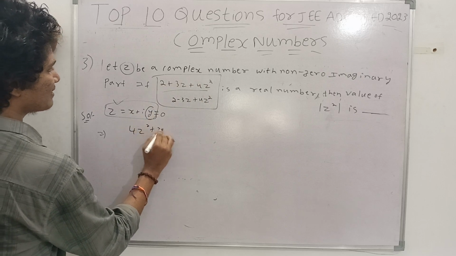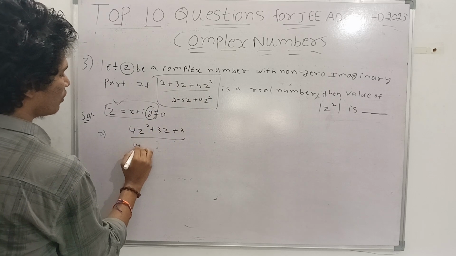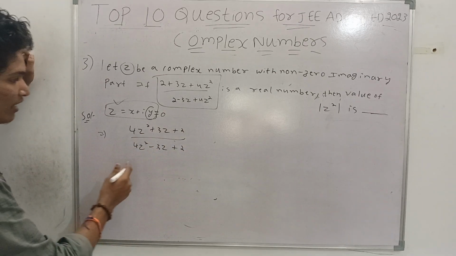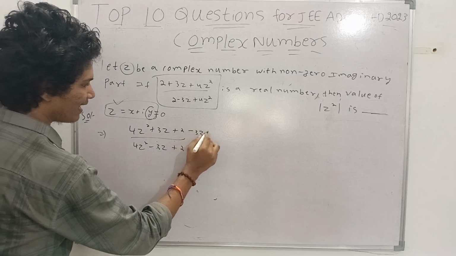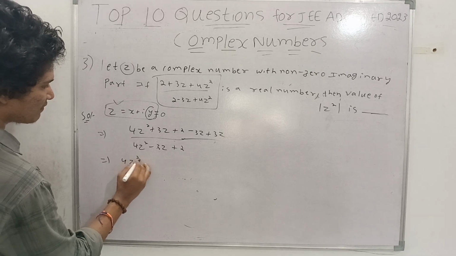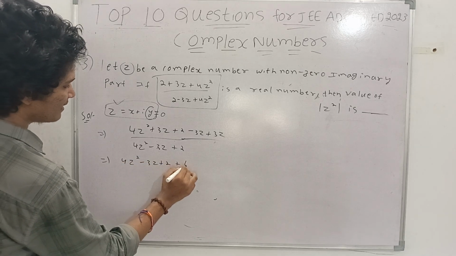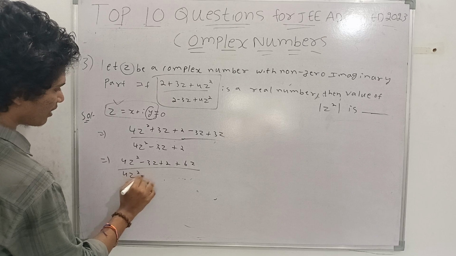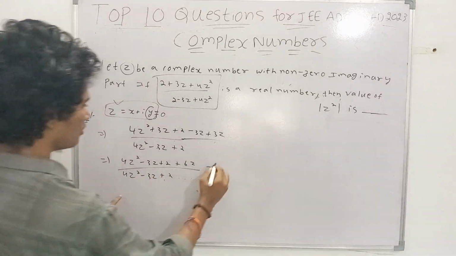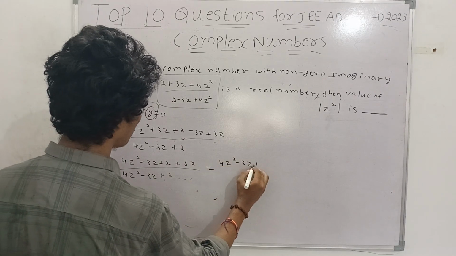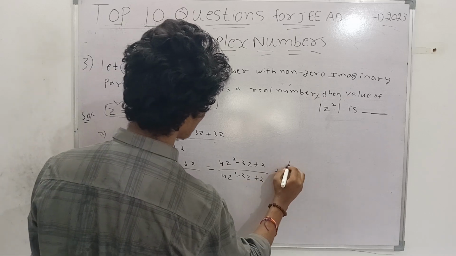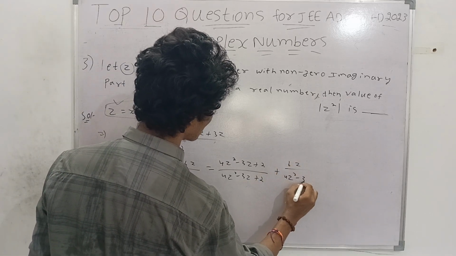4z square plus 3z plus 2 divided by 4z square minus 3z plus 2. You can clearly see that, guys. If I do subtraction of 3z and addition of 3z here and separate things, I can write this as (4z square minus 3z plus 2) divided by (4z square minus 3z plus 2) plus 6z divided by (4z square minus 3z plus 2).